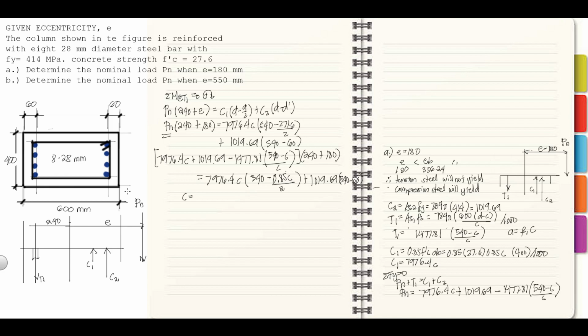Double check. Okay, so that is multiplied by 240 plus E, 180 yung E natin, is equal to C1.